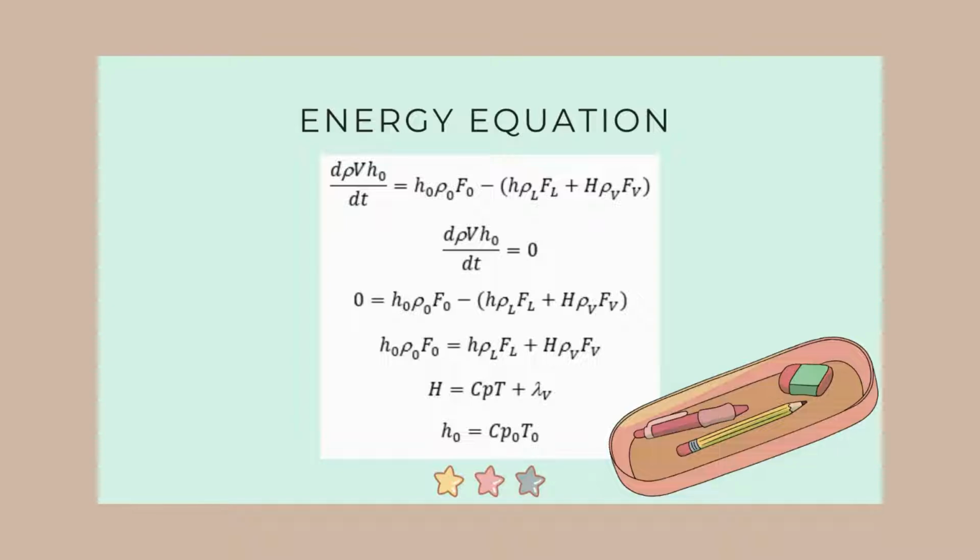The equation will be h naught rho naught F naught is equal to h rho L FL plus capital H rho V FV, where capital H is equal to Cp T plus lambda V and h naught is equal to Cp naught T naught. We notice that capital H is for the vapor phase and h naught for the liquid phase.